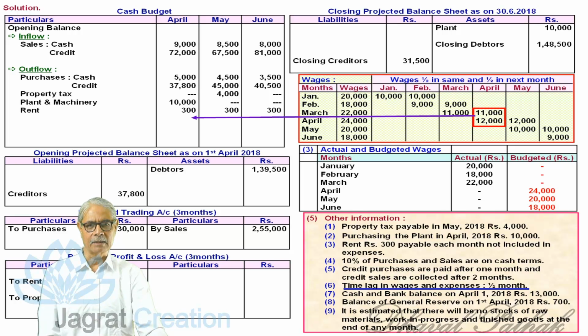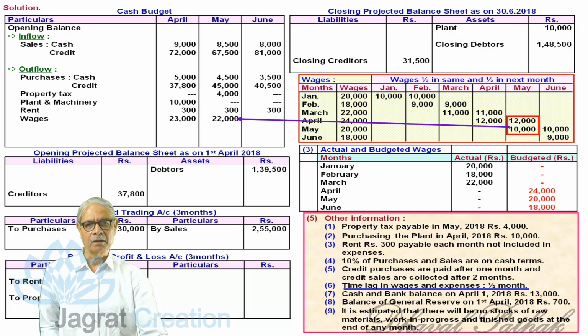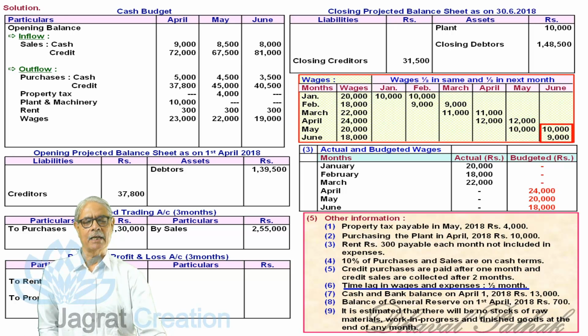So 23,000 will be recorded as cash outflow. Similarly, 12 plus 10,000 payment in May. So half of April and half of May, that is recorded as cash outflow in the month of May cash budget. Similarly, 19,000 will be recorded as cash outflow in the month of June.